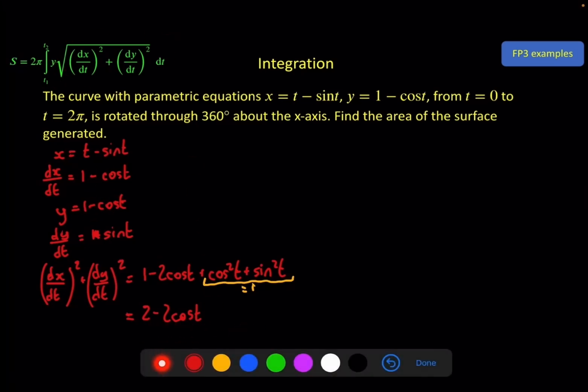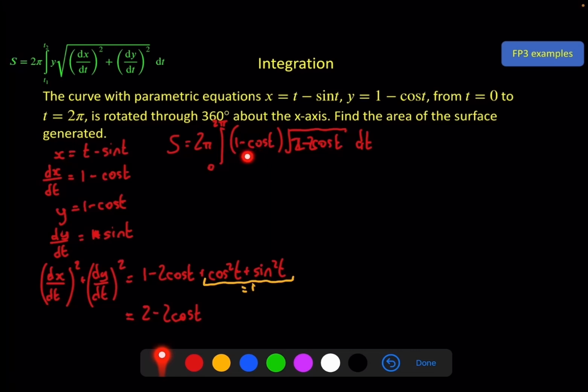So it's getting a little bit messy, but let me put that in to show you where we are at the moment. Like this, and we're integrating from 0 to 2 pi. Okay, this looks pretty horrible.